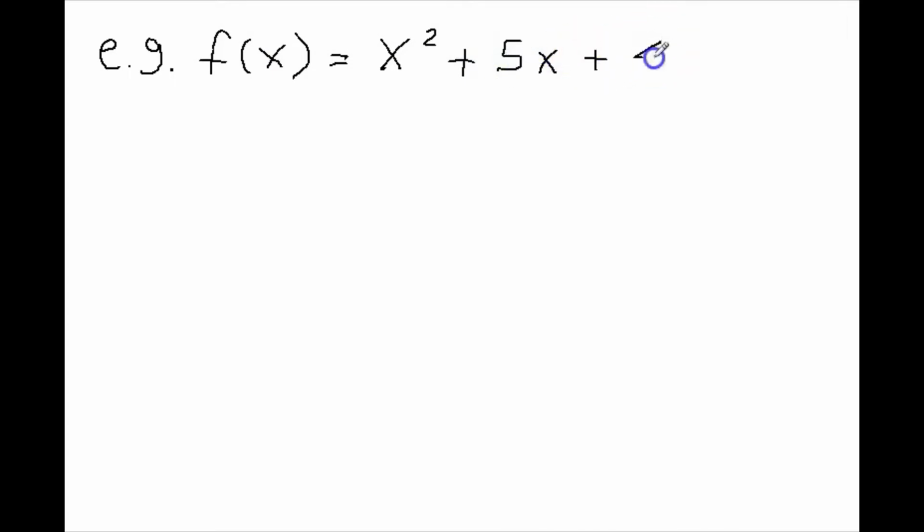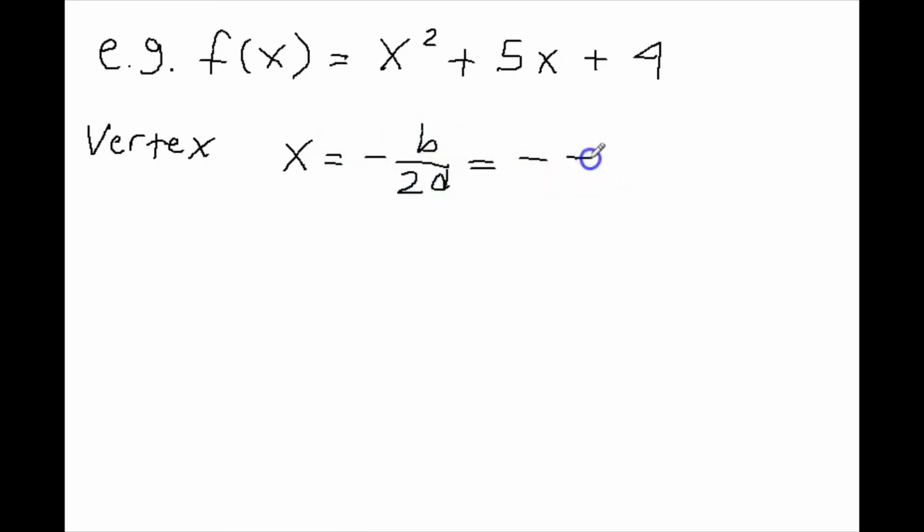So for example, tell me about f of x is equal to x squared plus 5x plus 4. What is the vertex? So to find the vertex, the x-coordinate is negative b over 2a.